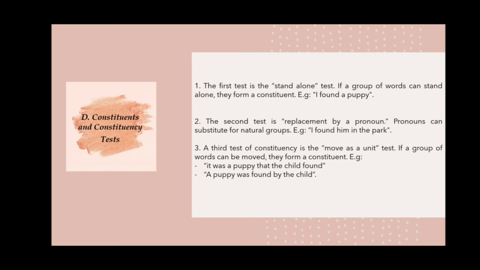For example, if we compare the child found a puppy to the following sentence, it was a puppy that the child found, and a puppy was found by the child. In the first example, the constituent a puppy has moved from its position following found. And then in the second example, the positions of a puppy and the child have been changed.